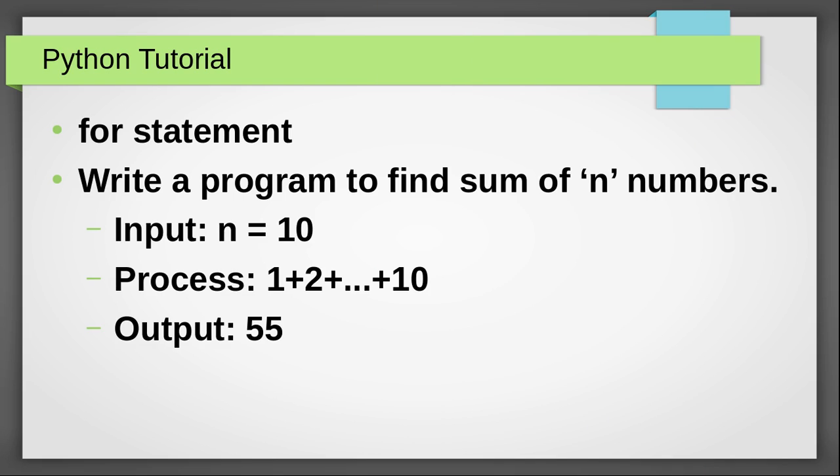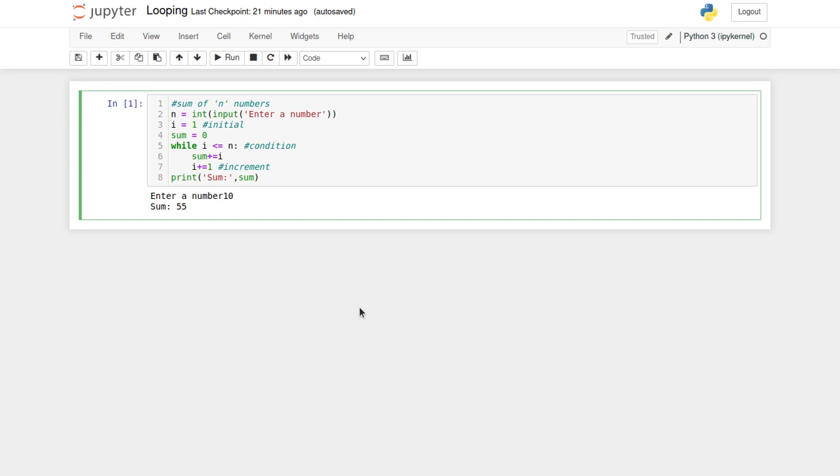So let's write the code for the same problem. Write a program to find the sum of n numbers. We know that the input n is equal to 10. Then the process and output. Here we have to repeat the addition process, the addition operation. So let's write the code to solve this problem.